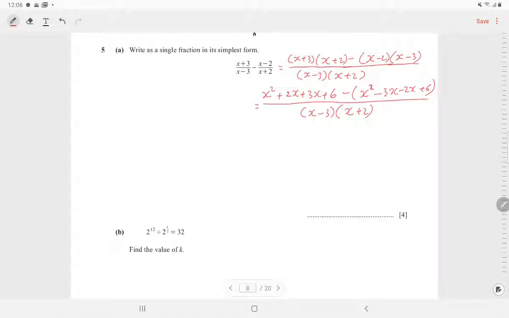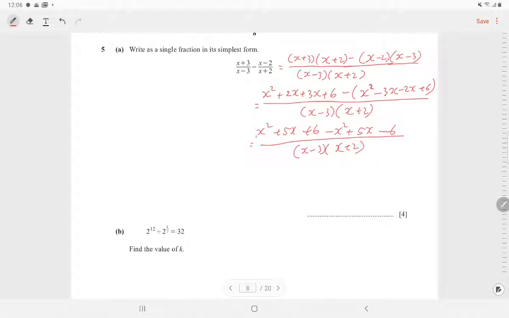Open the bracket. So x squared plus 5x plus 6 minus x squared, negative 5 times negative, so it's positive 5x, and then minus 6, over x minus 3, x plus 2.